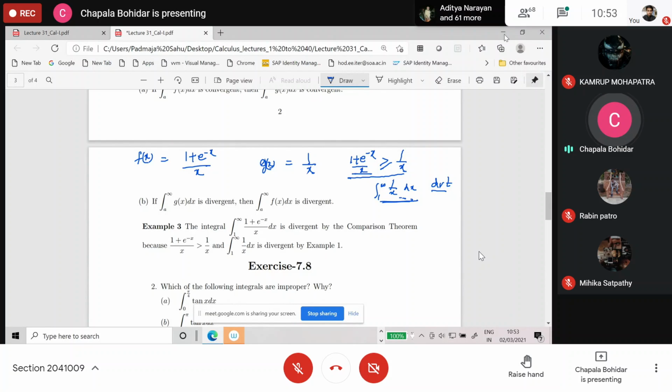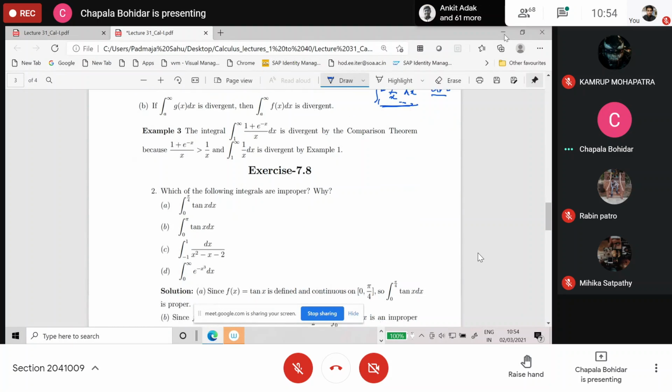Which of the following integrals are improper and why? Solution. f(x) is equal to tan x, from 0 to pi by 4.